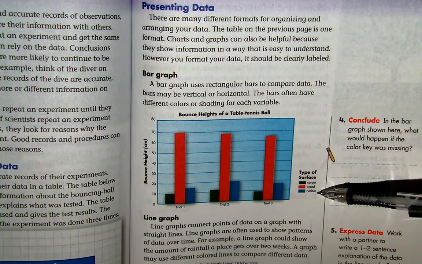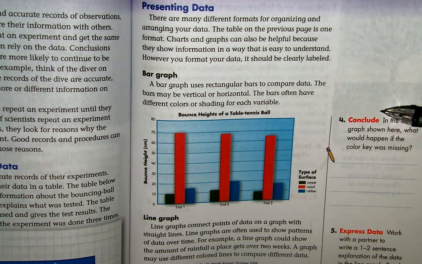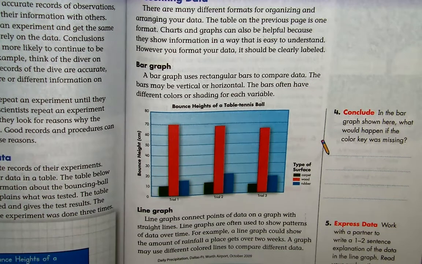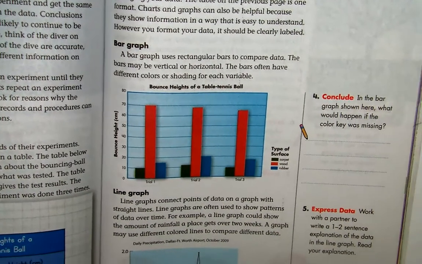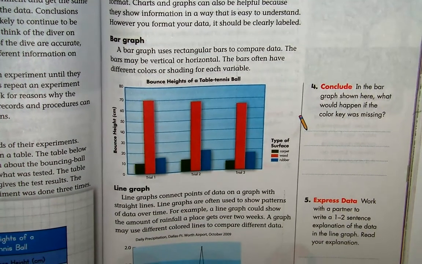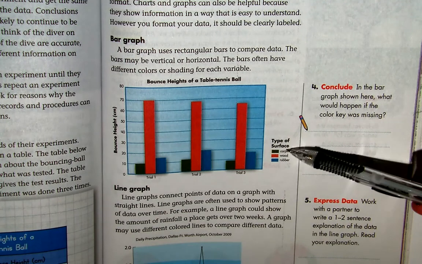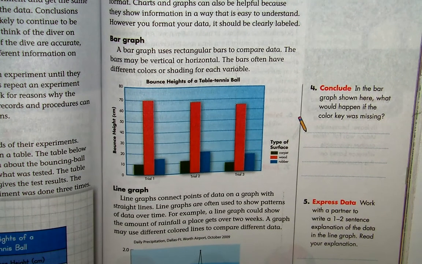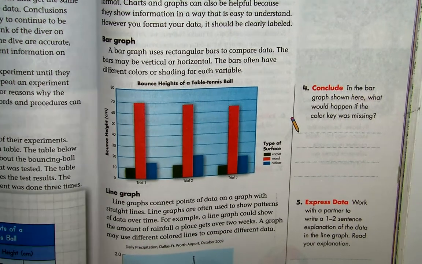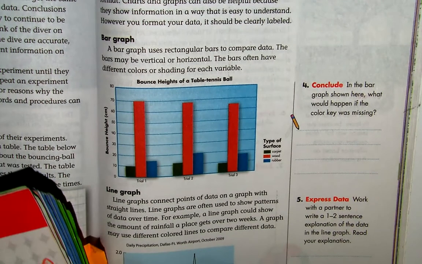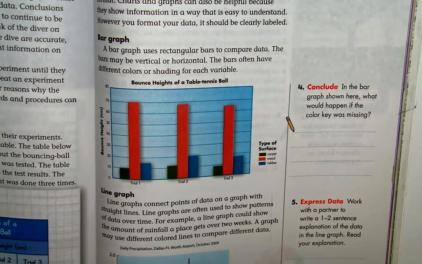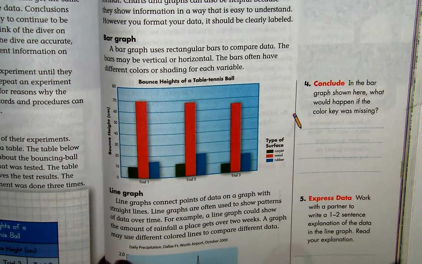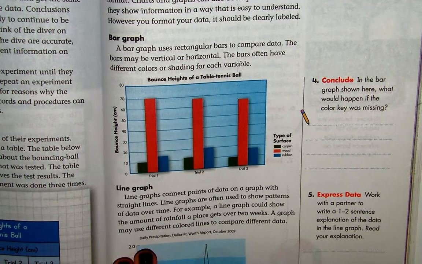Over here, we have a question about our conclusion. In the bar graph shown here, what would happen if the color key was missing? If we didn't have that color key to tell us which color represented which surface, we wouldn't be able to tell which bar stands for which piece of information.